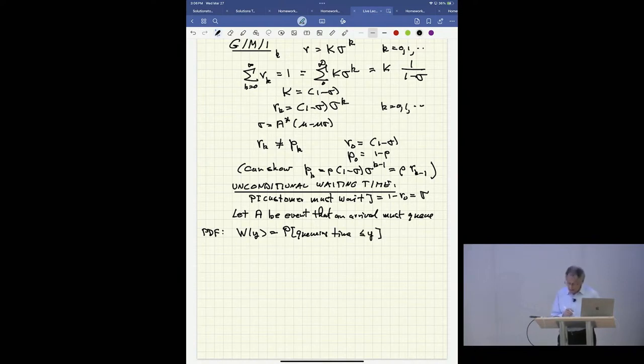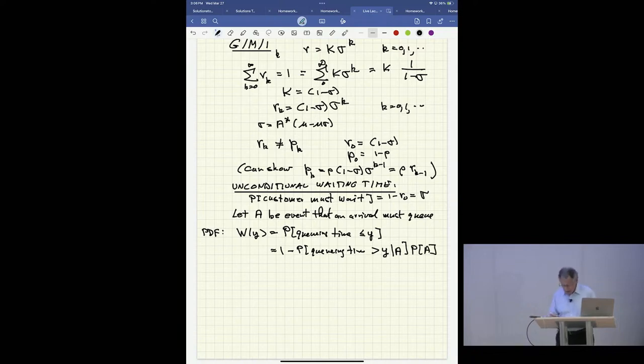I'm going to write that down using a condition. First I'm going to write that down as 1 minus the probability that the queuing time is greater than y. So it's 1 minus the probability that the queuing time is greater than y. But I'm going to put a condition on it. The condition is A, the probability that the arrival must queue. And if we're going to uncondition that, I'll multiply that by the probability of that condition.